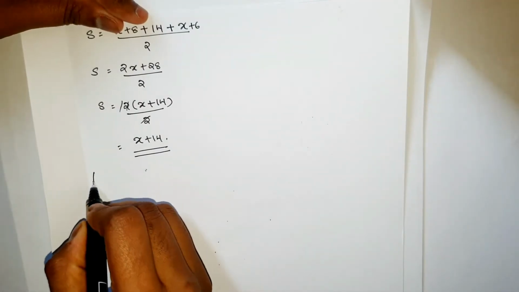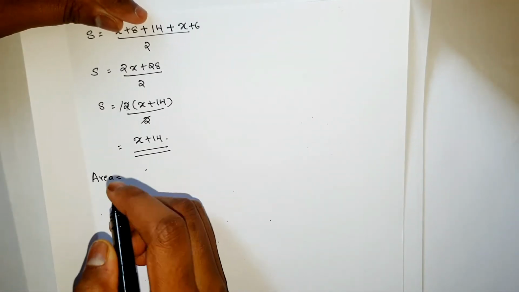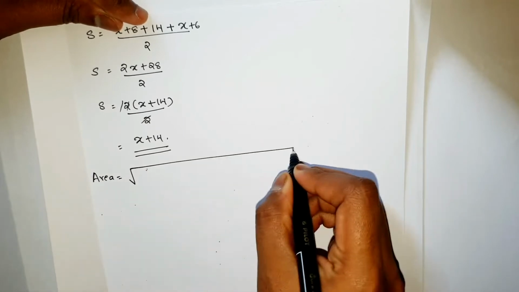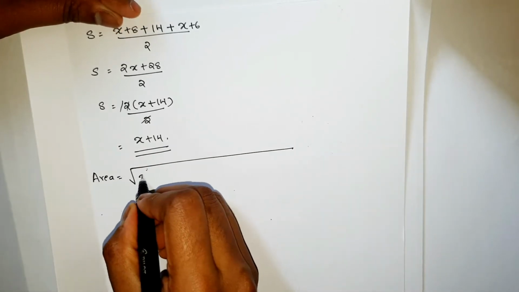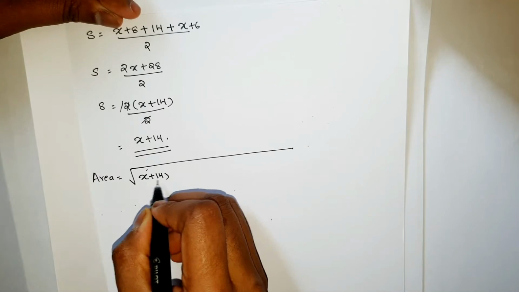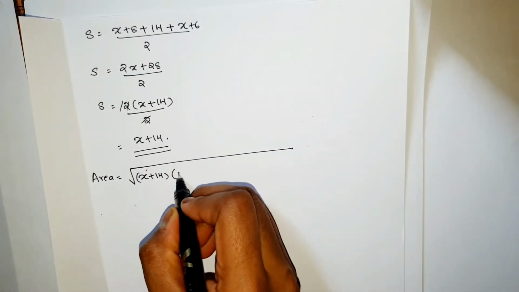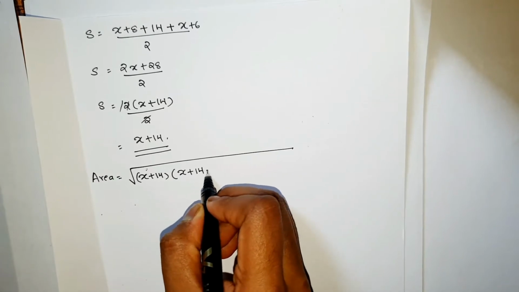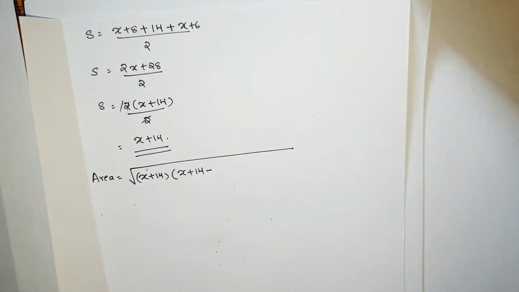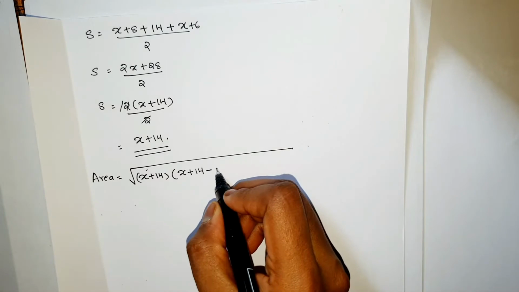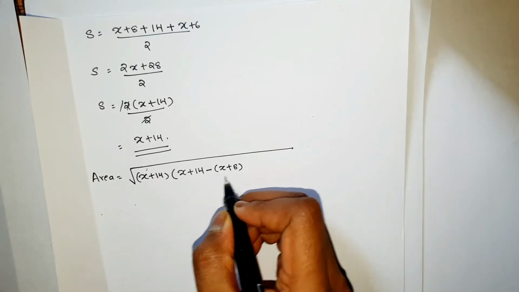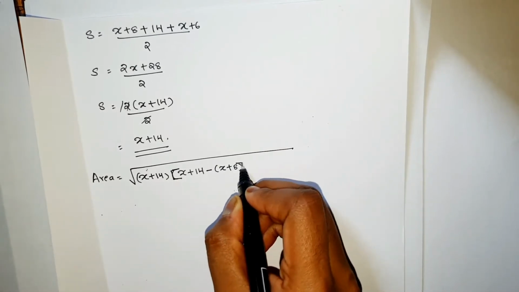Next, we can find the area. So, area is equal to root of S into S minus A. S is x plus 14, minus A, the first side, x plus 8. Let me put a square bracket here.